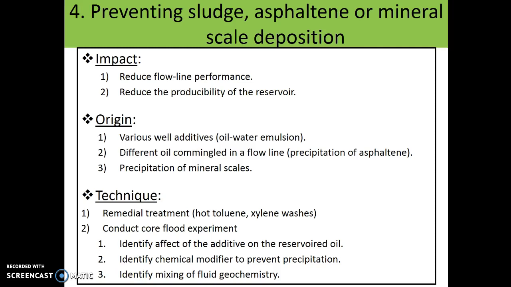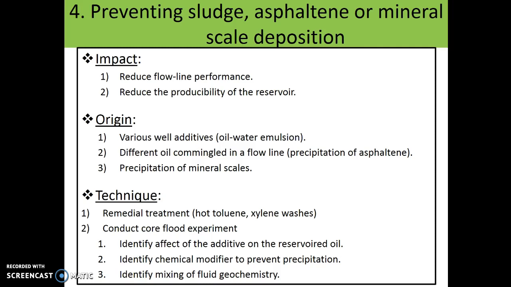Alright, so the last task for a production geochemist is to prevent sludge, asphaltene or mineral scale deposition. What happens if we have sludge, asphaltene or mineral deposition in our tubing? It will reduce flow line performance and the producibility of the reservoir. The origins of this formation are, first, various well additives that cause oil and water emulsion.